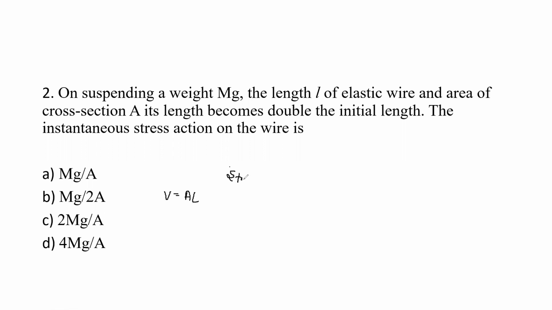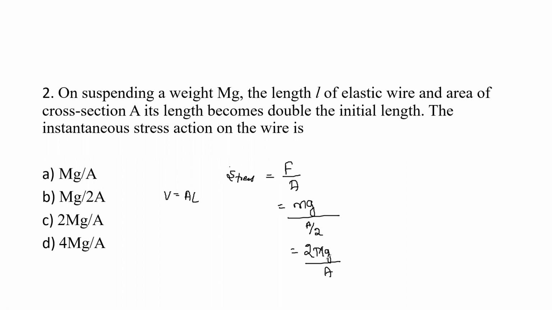Then instantaneous stress, we have a formula, stress is equal to force per unit area. This force is written as mg divided by area. When the length becomes double, the area reduces to half. Therefore, this area can be written as A divided by 2. Therefore, I can write it as 2 mg divided by A.